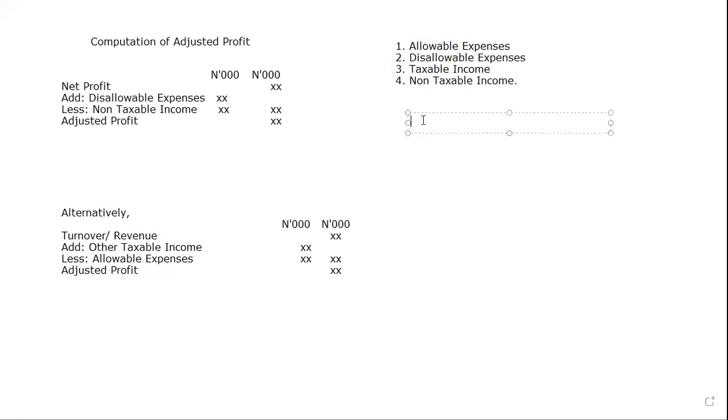Now, the next thing I want to do is to break down each of those items. The examiner will not tell you to list the allowable expenses. He's only going to give you an illustration that will make you use it. The first thing allowable expenses must pass is what we call the principle of WREN: only reasonable, exclusive, and necessary.